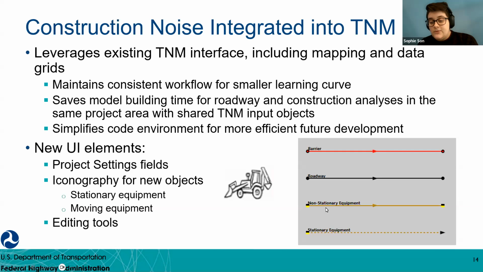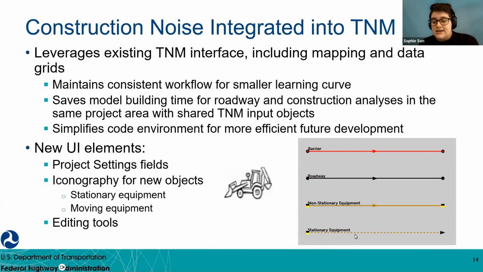The main difference is the points are square rather than circles. So if anyone has difficulty differentiating colors, you should be able to differentiate the equipment from the roadways based on the point shape. And this same point shape is used for the stationary equipment as well. That designates where the equipment is located.